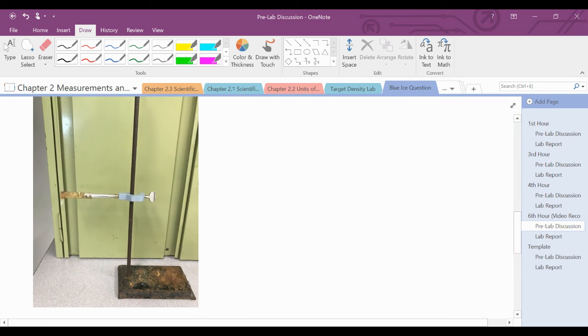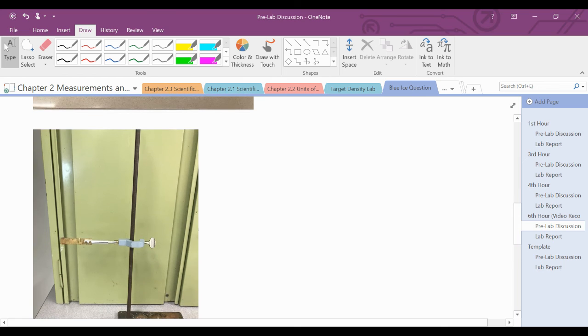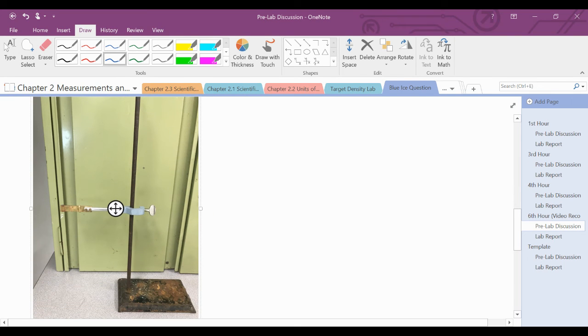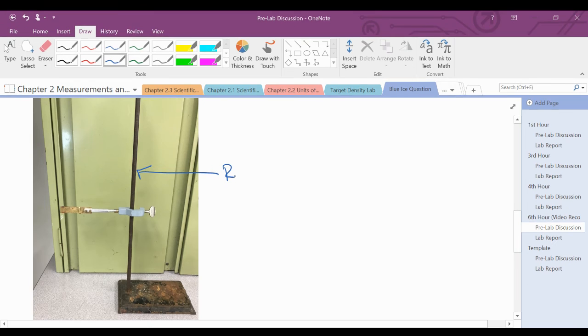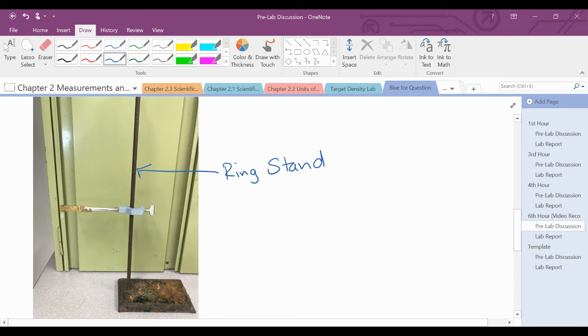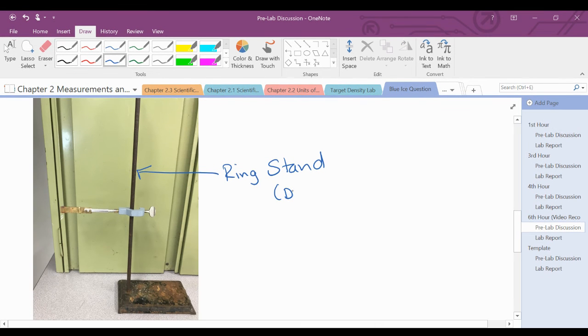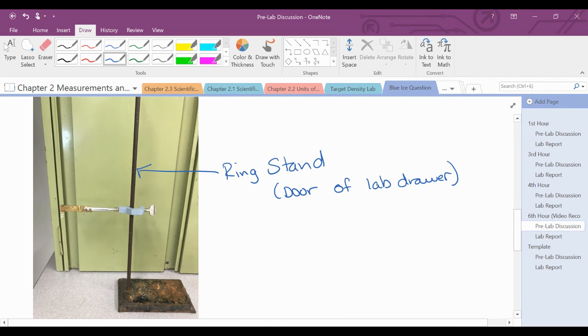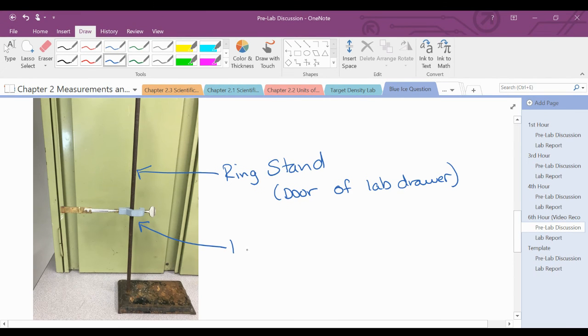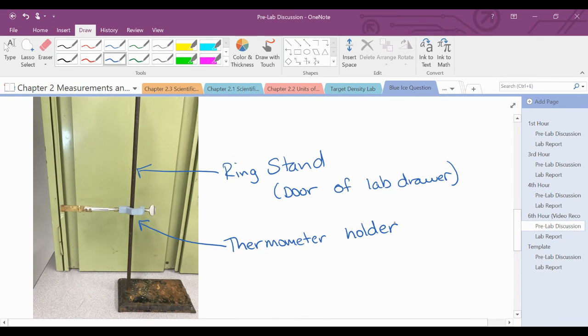This is the ring stand. This part is your ring stand. So you will need one of those out. They're found in the door of your lab drawer. And you can see the thermometer holder is attached to that. And again, I have an example on my desk.